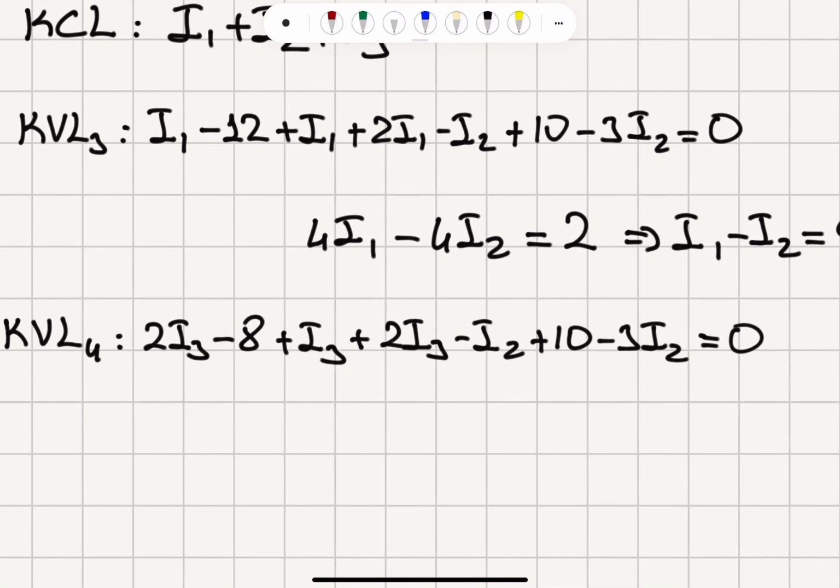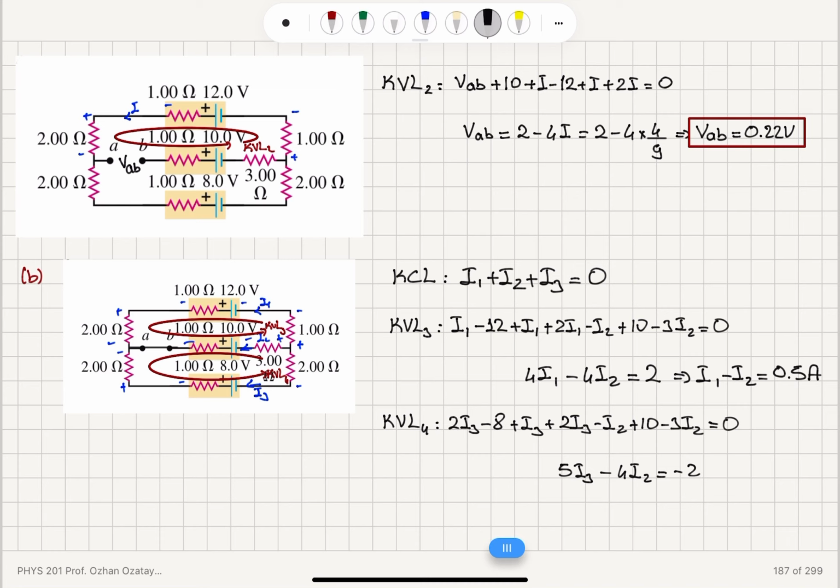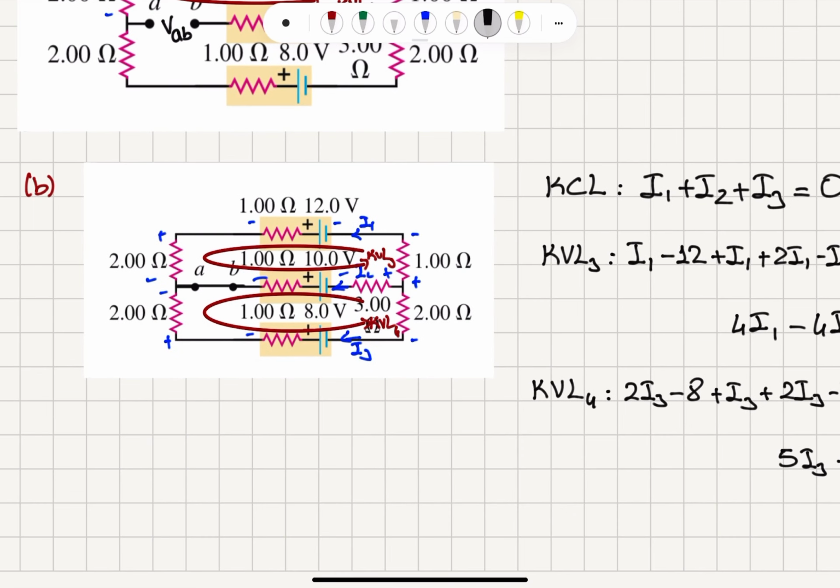So what does this equation tell me? 2 plus 2 plus 1, 5I3, and 3I2, 1I2, 4I2, minus 4I2 must be equal to minus 8 plus 10, which on the right hand side is minus 2. So I have this equation here, which says 5 times I1 plus 5 times I2 plus 5 times I3 is equal to 0.